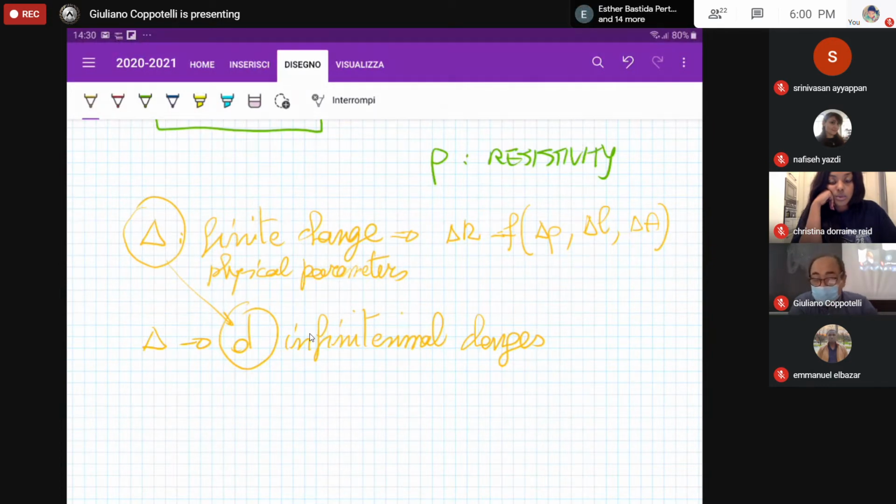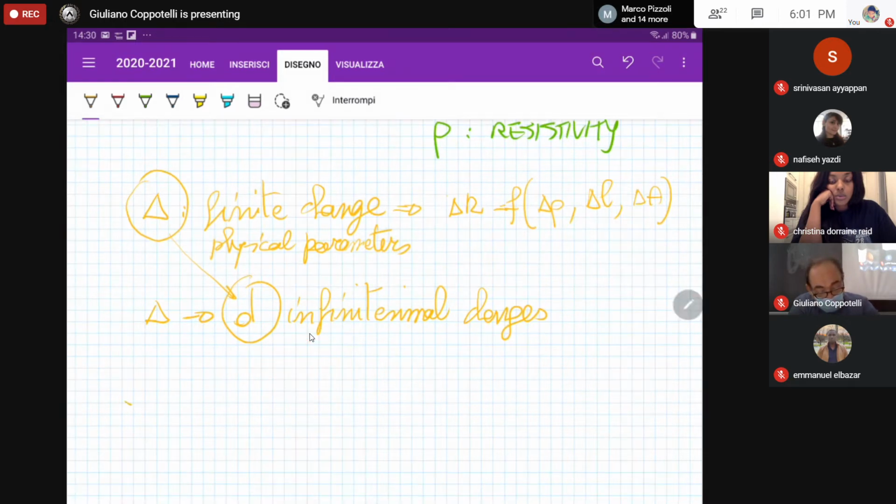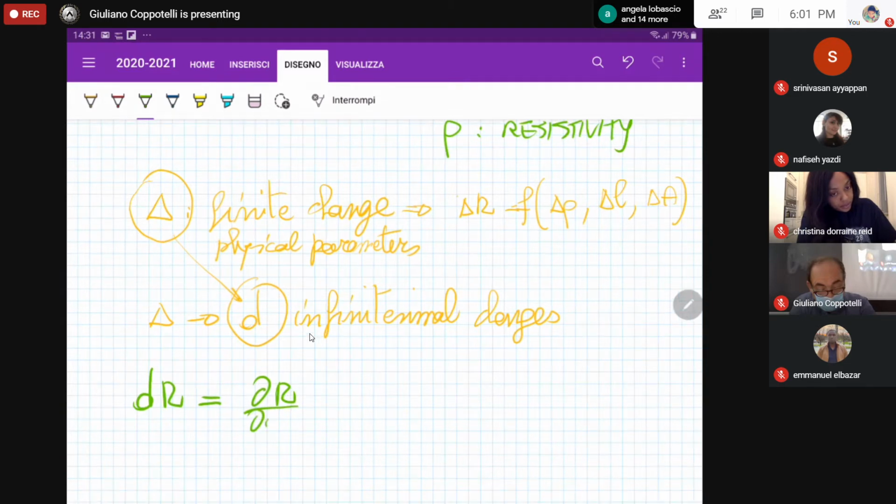Okay, that is, we can write that the change of the resistance could be seen as the change of the resistance because of the change of resistivity, while keeping the other parameters constant, that is the length and the cross-section constant, times the variation of the resistivity itself.